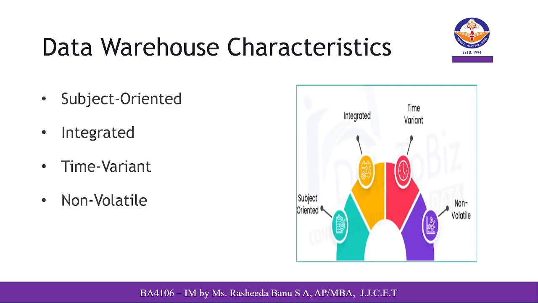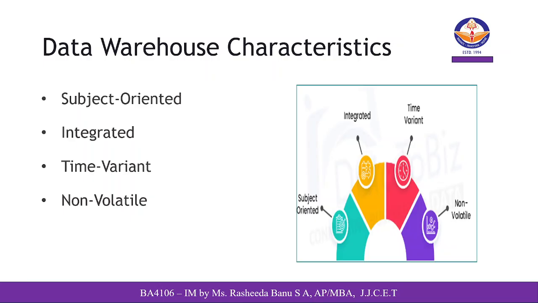Next is data warehouse characteristics. There are four characteristics in data warehouse. First one is subject oriented, second one is integrated, third one is time variant, fourth one is non-volatile. So subject oriented. A data warehouse focuses on specific subjects or business areas such as sales, marketing or finance rather than ongoing operations of an organization. This allows for more focused analysis and reporting around specific business needs.